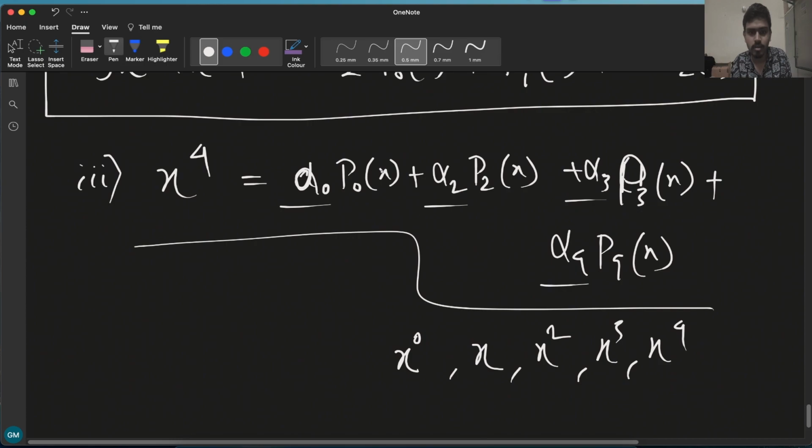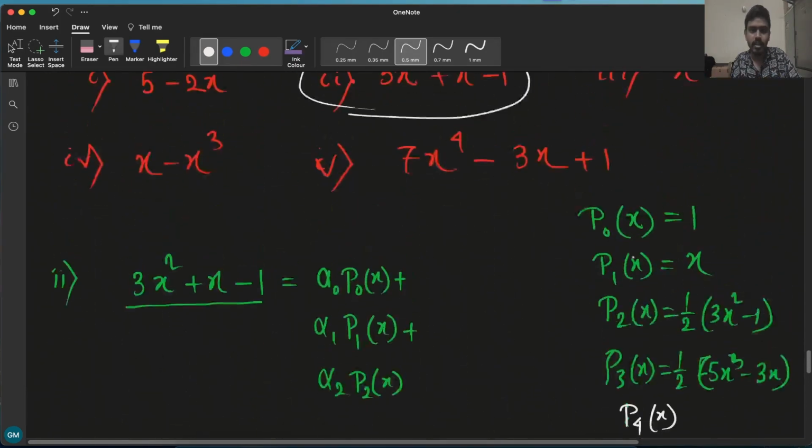Sorry, there is also alpha 1 P1(x). So there are 5 constants: alpha 0, alpha 1, alpha 2, alpha 3, and alpha 4. If you compare these coefficients, there will be 5 equations, and you can find the values of the 5 unknowns, alpha 0, alpha 1, alpha 2, alpha 3, and alpha 4.